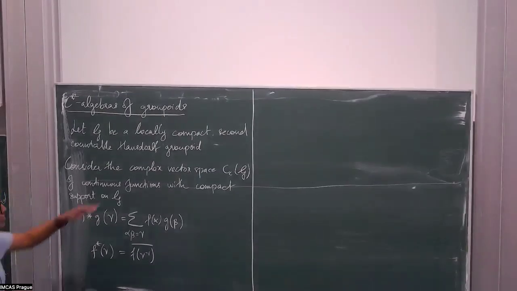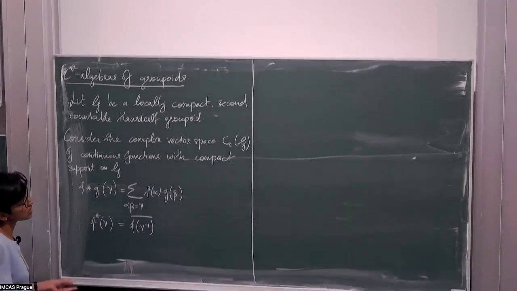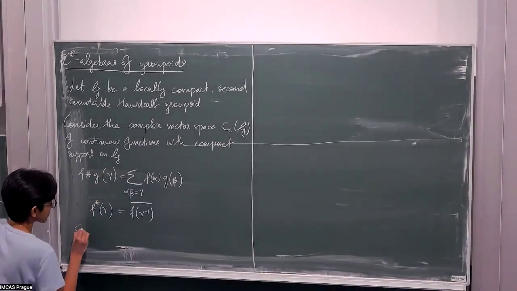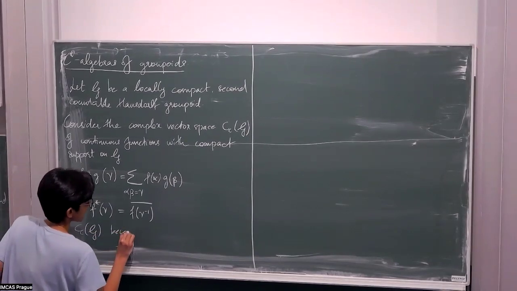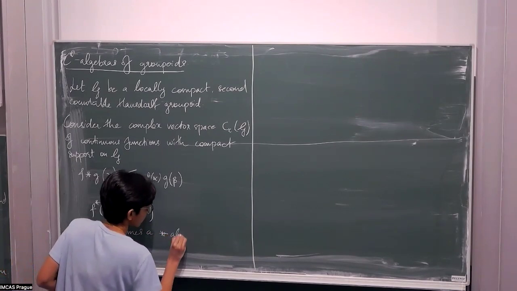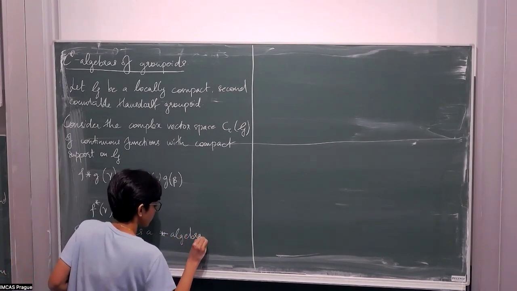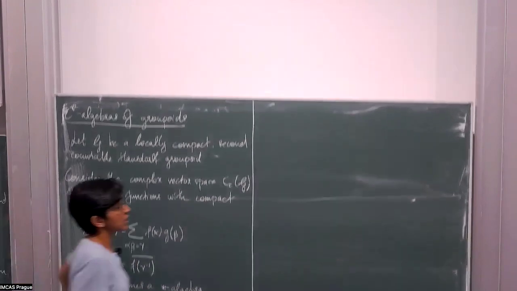So we have this complex vector space, and now I can define the multiplication as follows, and then I put a star structure, and with these structures, Cc(G) becomes a star algebra.